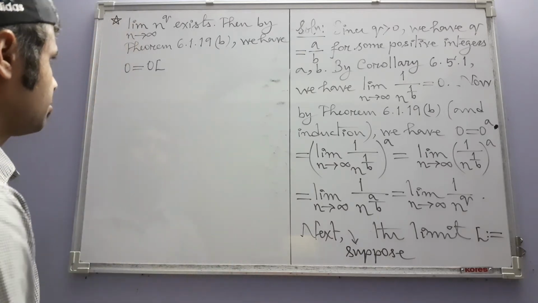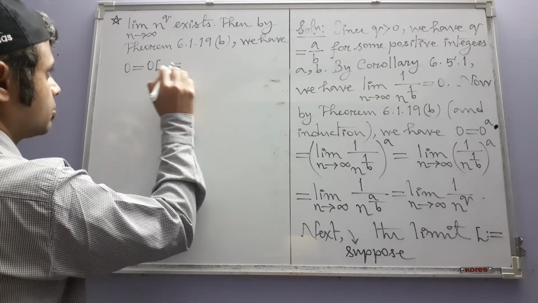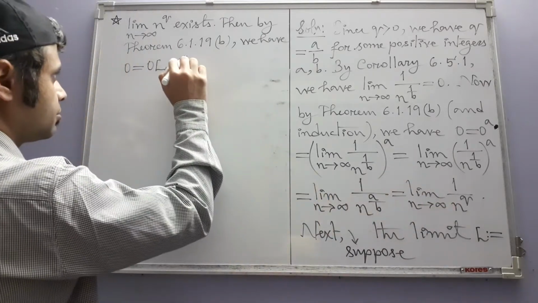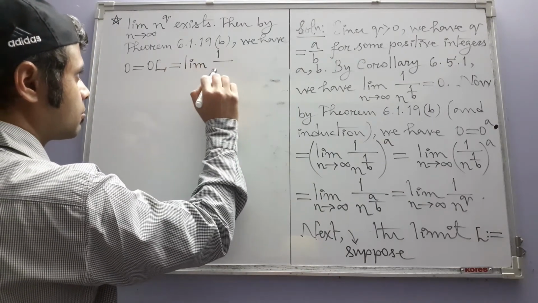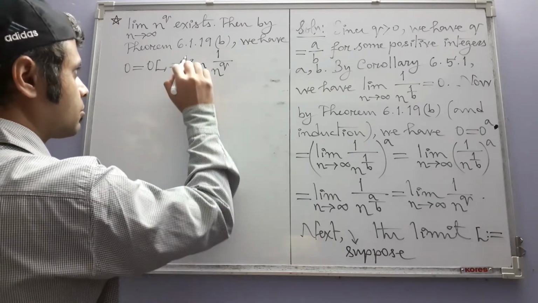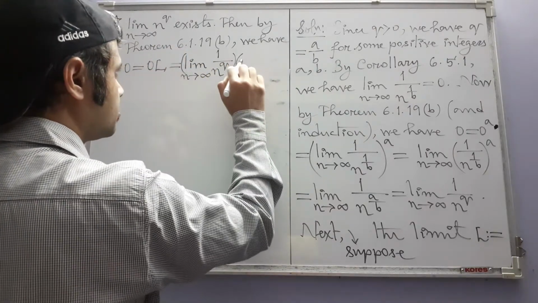So if you multiply 0 and L, you will get 0. Now in place of this 0 we can write this limit. And in place of L, of course, we will write this one.